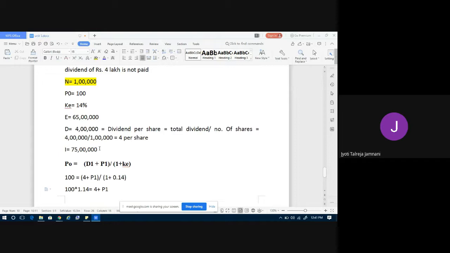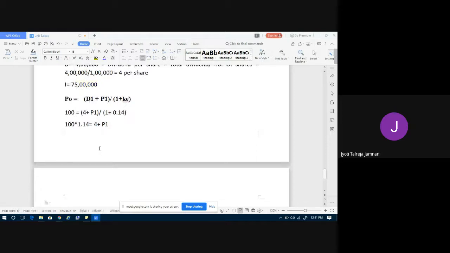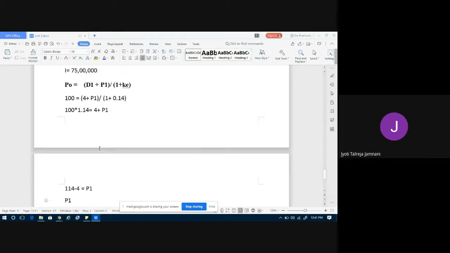If you take that 4 to the other side, it will become minus. So 114 minus 4 is equal to P1. So P1 is equal to 110.